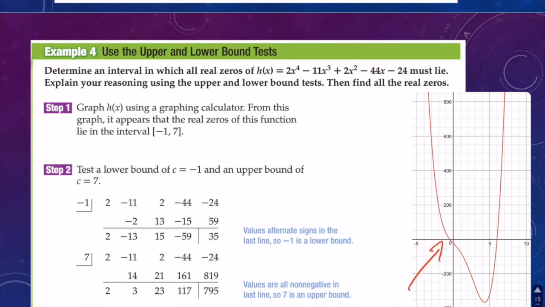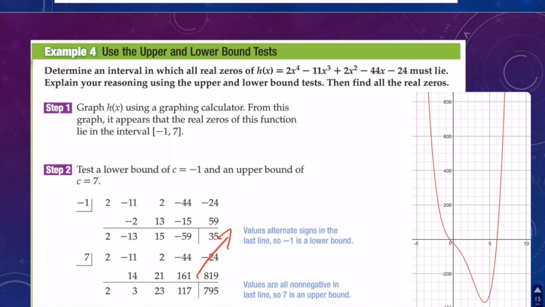So when we do this synthetic division, they call this synthetic substitution, we get this value of 35. But here's what we also want you to see: a +2, a -13, a +15, a -59, and a +35. The values of this result are alternating signs in the last line. So -1 then is indeed a lower bound. That's what that test tells us.